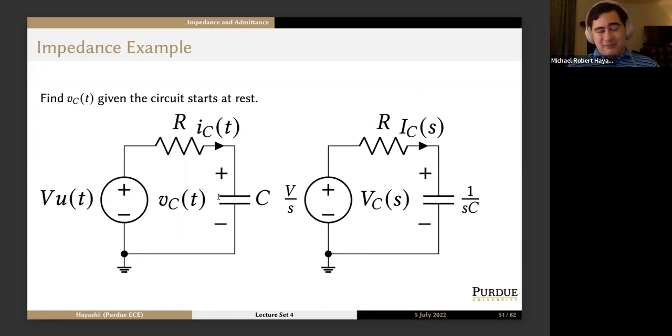So we like to deal with impedances when we have components in series. And when we have components in parallel, we like to deal with admittances because conductances in parallel add. Impedances for series components is easier.